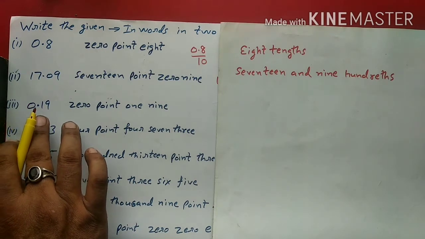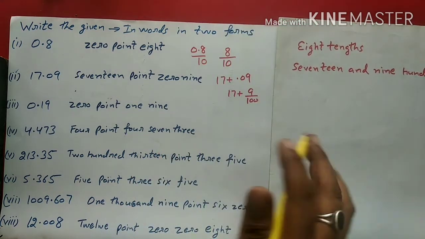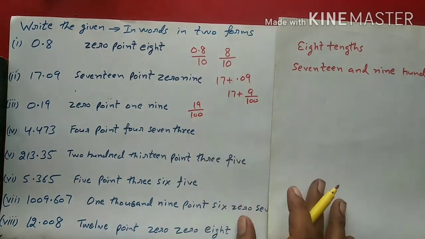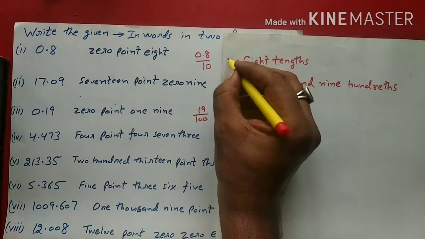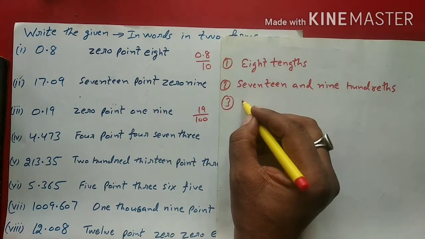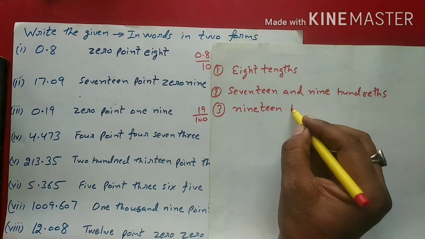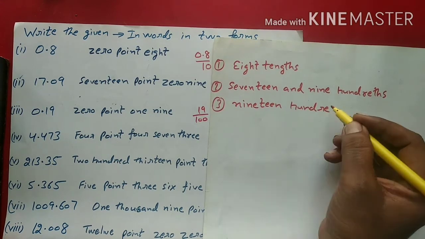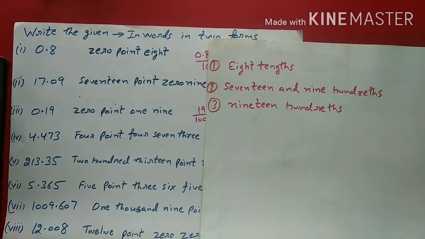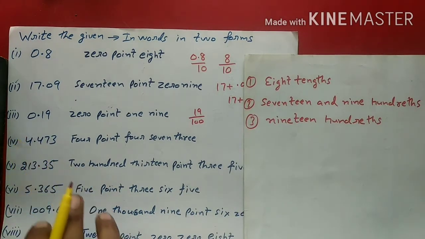Okay, now you can write this 0.19. It can be written as 19/100. This was the first one, second, and now this is the third. So this is 19 hundredths. Okay student, now this is the answer of the third part. Now the next one is 4.473.